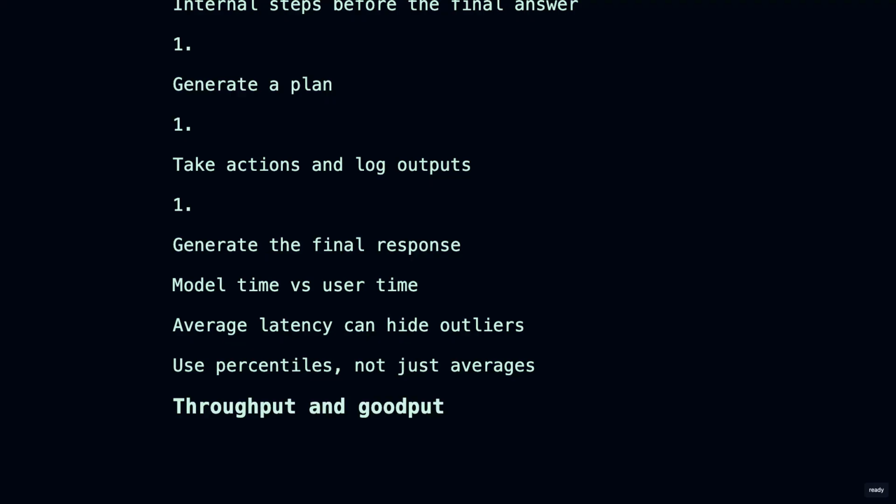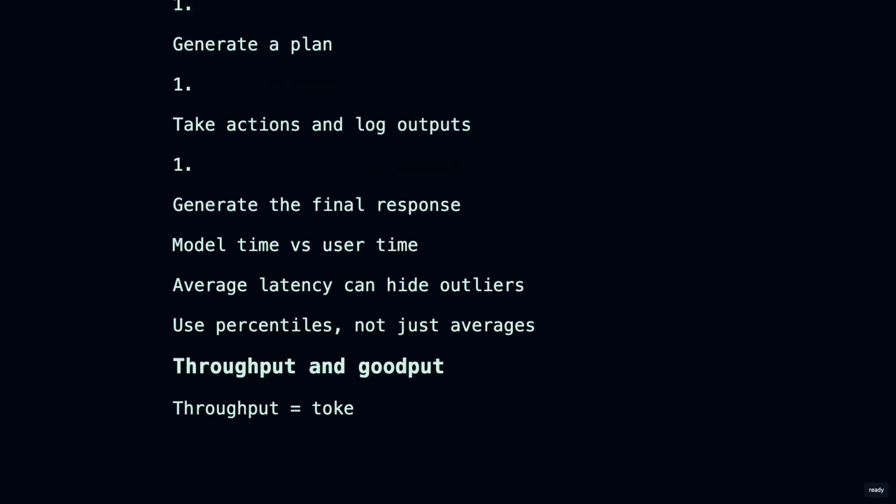Next, we move from waiting time to capacity. Throughput tells you how much work the service can do, and Goodput tells you how much of that work actually meets your service goals. Throughput measures how many output tokens the system can produce across all users.